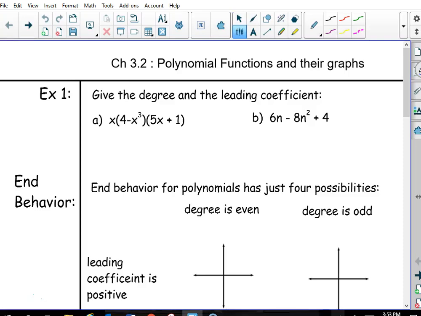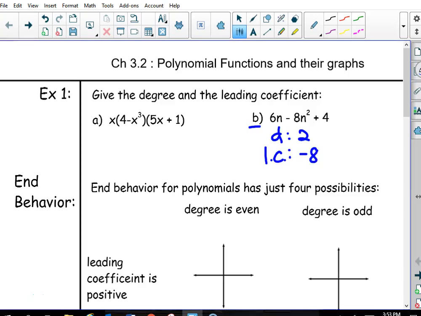Well, when we're looking at this, let's start with b, because my highest degree here is 2. And the multiplier of my highest degree term is -8. It's not in standard form, so you want to make sure that you identify the highest degree.